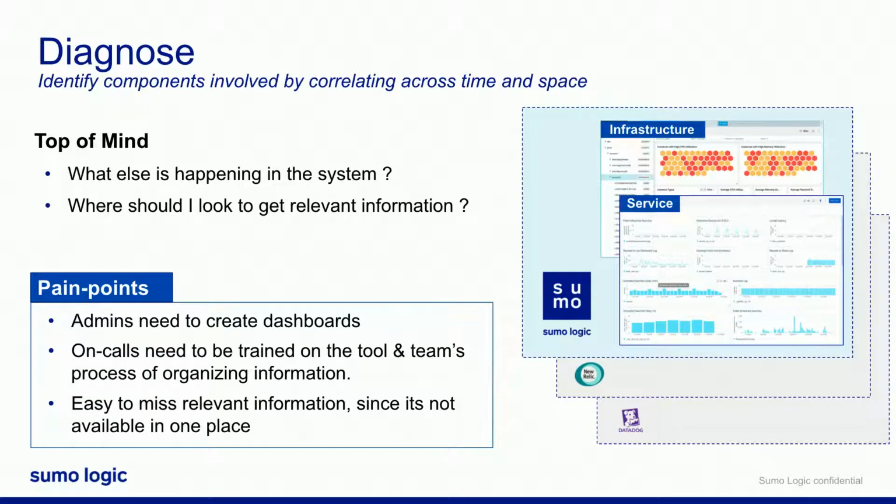Right? And once he's gotten that information, he can start to collate this information and form hypotheses. Now, the biggest pain point at this stage is A, somebody needs to create these service or infrastructure level KPI dashboards for him to review. He also needs to know how to use various observability tools like Sumo, New Relic, Datadog.